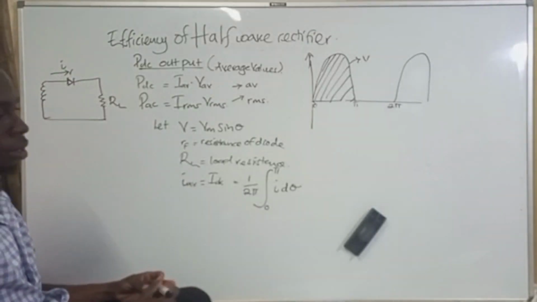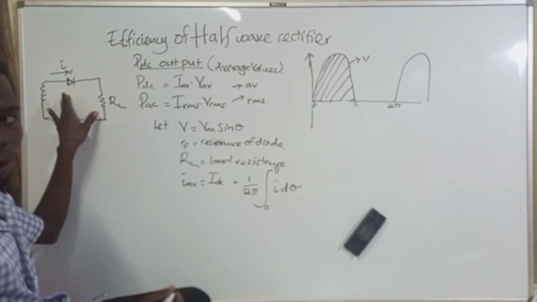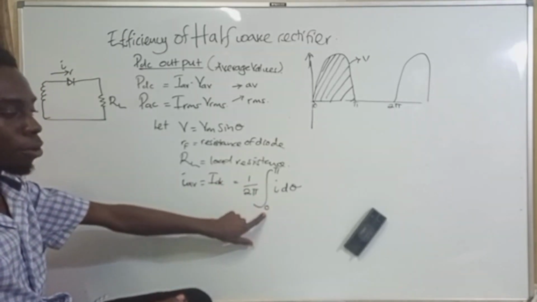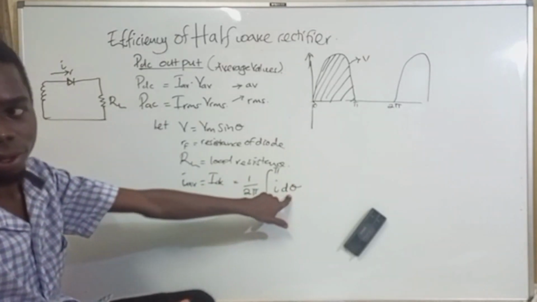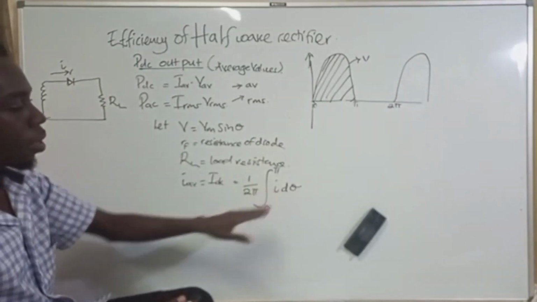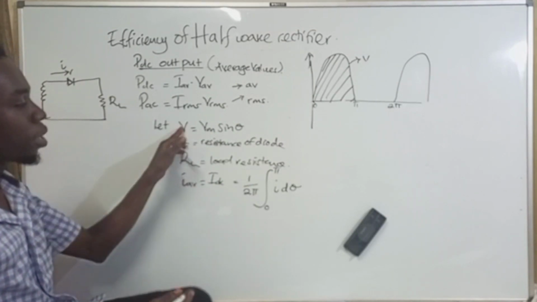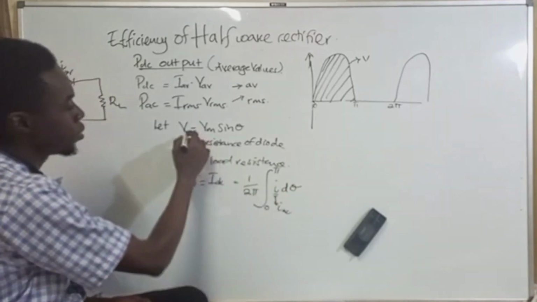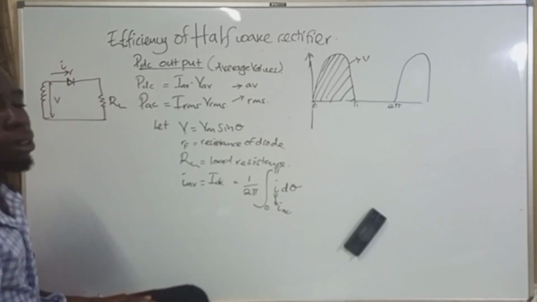Okay. So the DC value is going to be the average of the AC value of current. And the average of the AC value of current is going to be 1 over 2 pi integral from 0 to pi of i with respect to theta. Okay. So when we reach here, we are going to look at how we can get the average value of current from the initial. Remember, this i here is the total I SC, okay? And this V is the voltage across this point if it is the secondary of the transformer, okay?